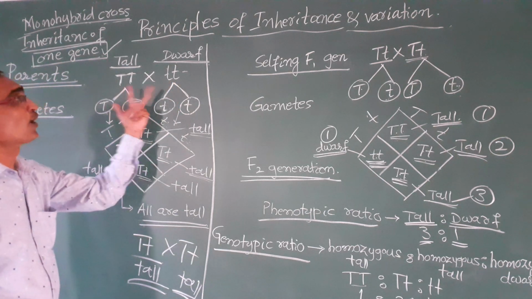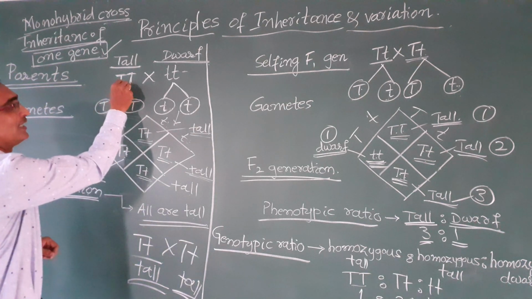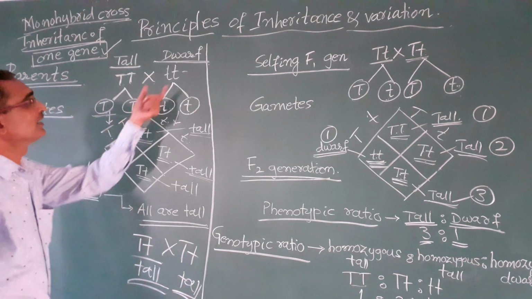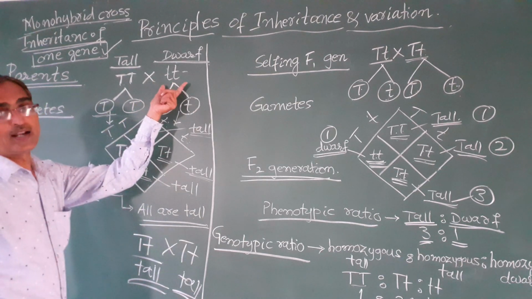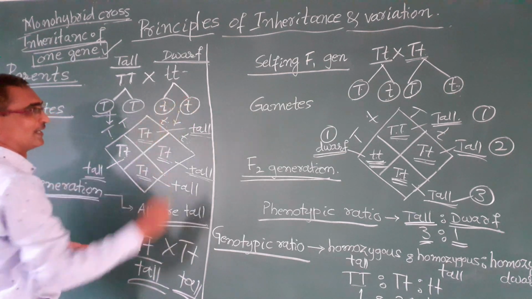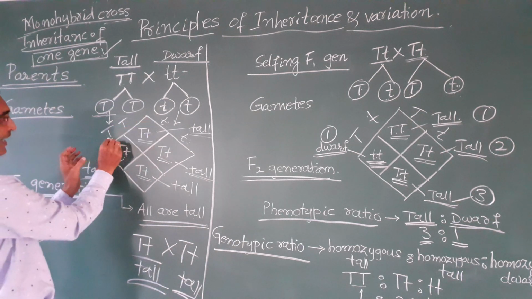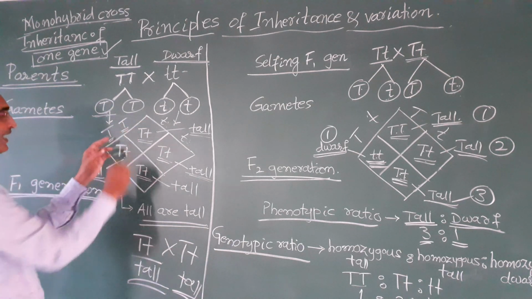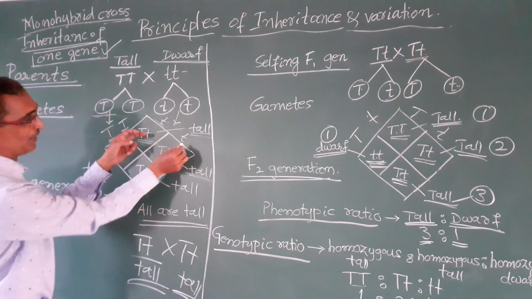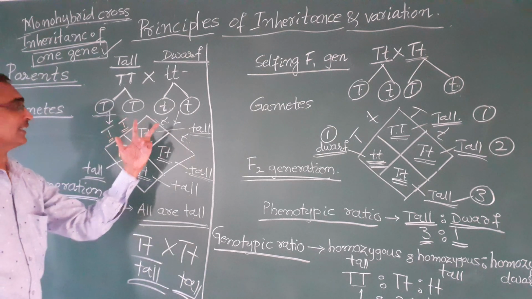When the two are crossed, the tall plant will produce two gametes having capital T, and the dwarf plant also produces two gametes, that is, small t and small t. You see these gametes are denoted here, and these two gametes are denoted here. When they fuse, what we get are the offspring.